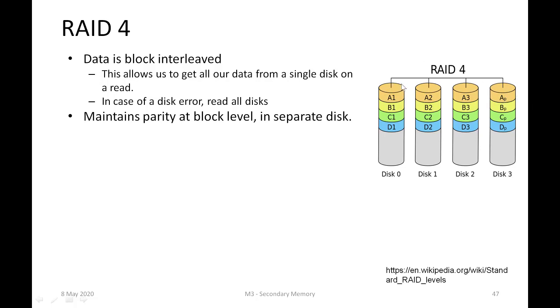So if we have an error in accessing, let's say A1, then we need to access A1, A2, A3, recalculate parity and compare it with the parity already stored, and based on the difference we can regenerate A1 to some extent.